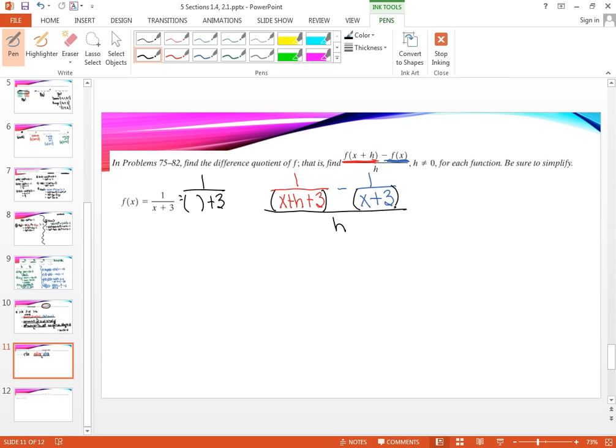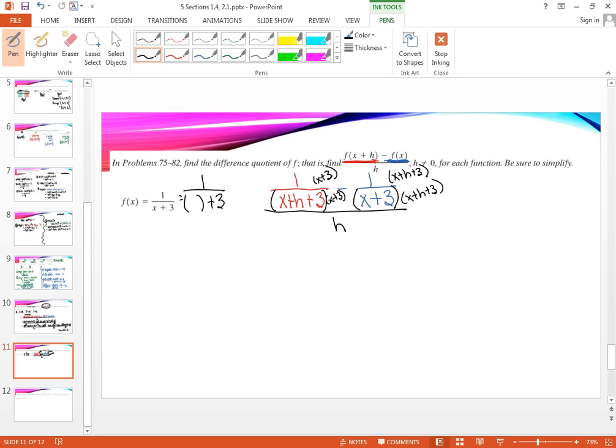So one of them has an x plus h plus 3 in the bottom, one of them has an x plus 3 in the bottom. So remember that whole common denominator thing? This one needs an x plus 3. If I put it on the bottom, put it on the top as well. This one needs an x plus h plus 3 on top and bottom.